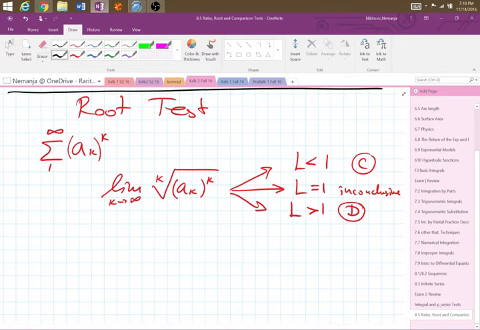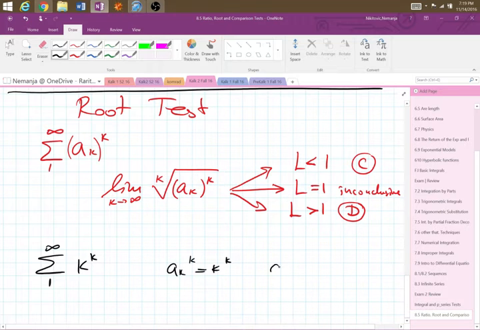So let's just do the most trivial case of all cases, which is k to the k starting at, let's say, 1 and going to infinity. All right, let's say this is the problem. So now, in this case, a_k to the k would be k to the k, where a_k is just k, right?